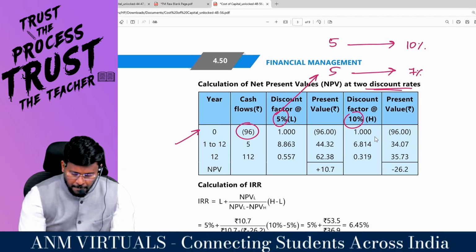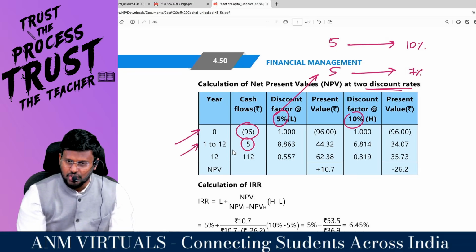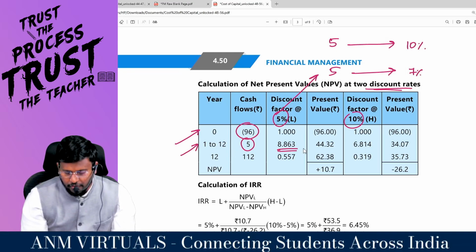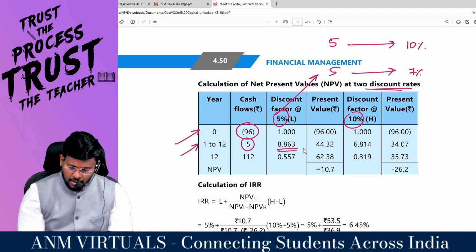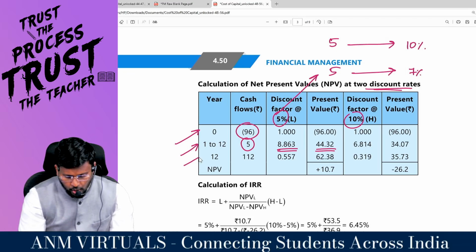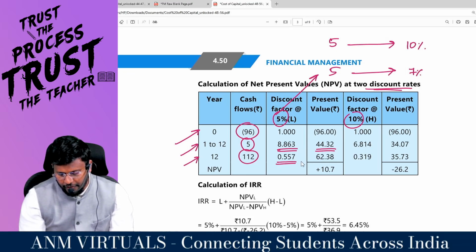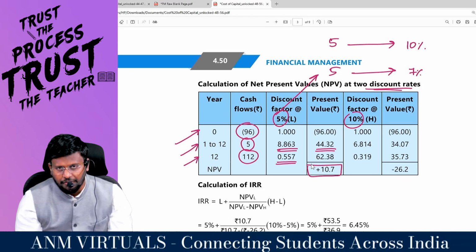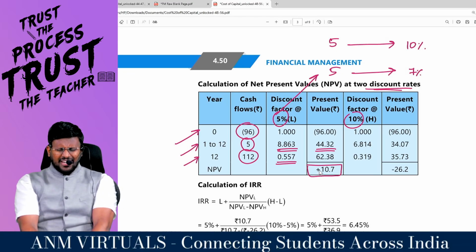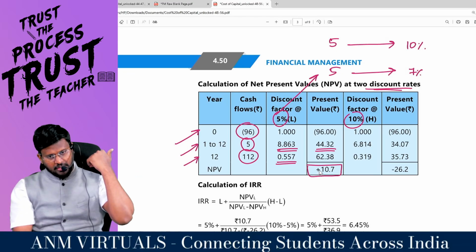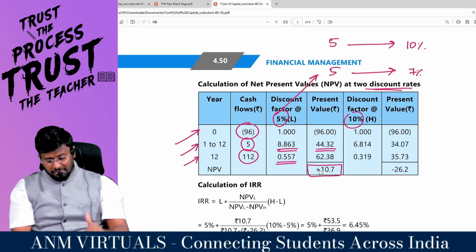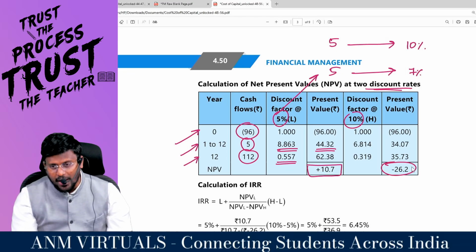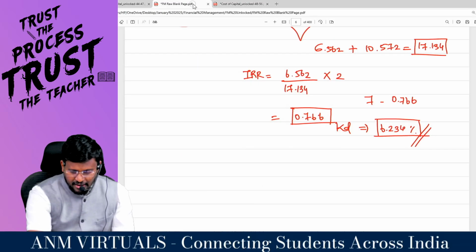So this is cash outflow. From 1 to 12 years, 5 rupees is the cash inflow. This is a cumulative discounting factor, 8.863. At this, 44.32, and on the 12th year you will be getting 112.557. So 10.7 positive NPV you are getting. Immediately they have jumped to 10 instead of jumping to 7. If they had jumped to 7, this negative would have been reduced.